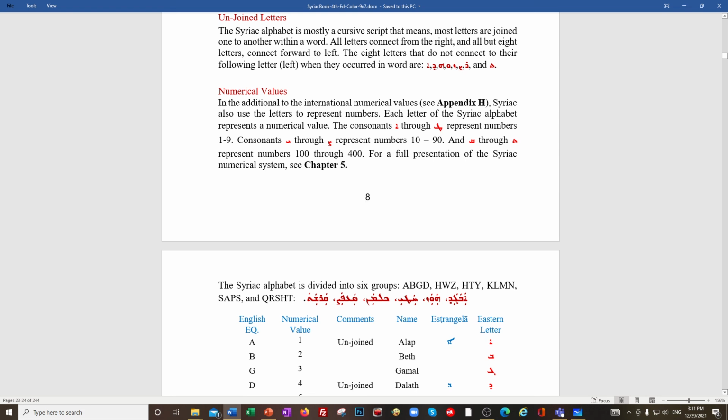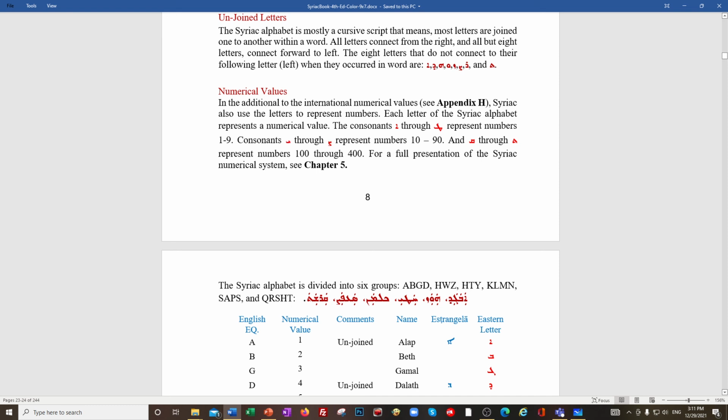The letters from Alep to Teth, where Alep is the first letter and Teth is the number 9, the 9th letter, go from 1 to 9. After that, we start counting each letter by tens up to Sade.